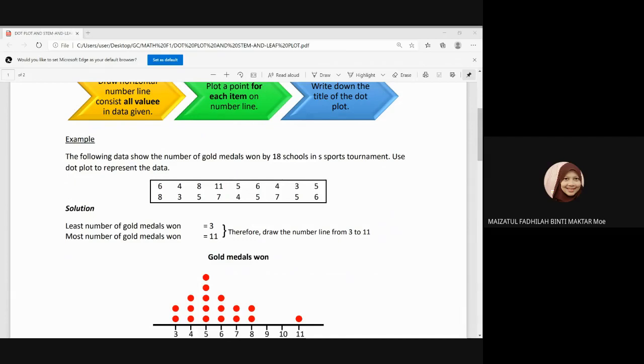Alright, the example that is given to you. I will project the question in the draft given. I will present it on the whiteboard to make sure you can see how to make it.